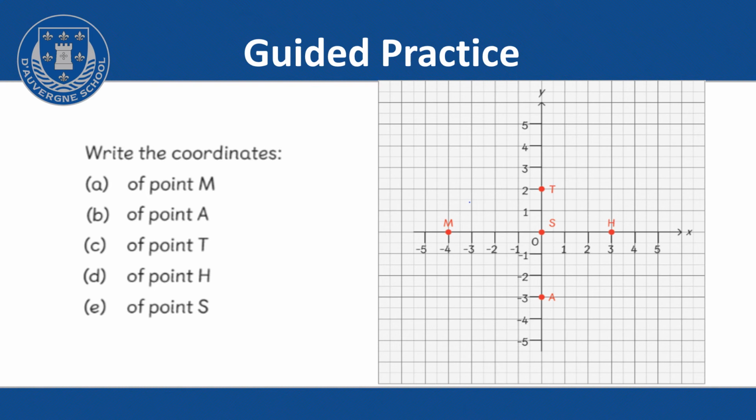Okay, and for T again, still at 0 on the x-axis, so we would write down 0, and on the y-axis it's 2. So the coordinates for T are 0, 2. Okay, now we're going to have a look at H. Have a go.